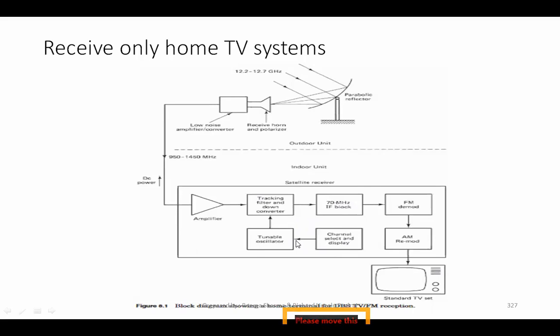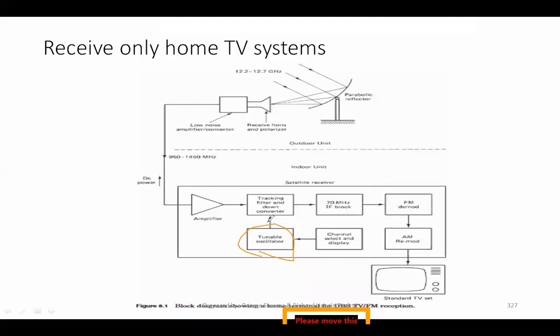You have tuning oscillators and tuning circuits here, wherein you are tuning to a particular frequency, but for your user interface, they would have given a channel number, maybe 111, something like that. So that is actually tuning to a particular frequency, and that job is done by this tunable oscillator.